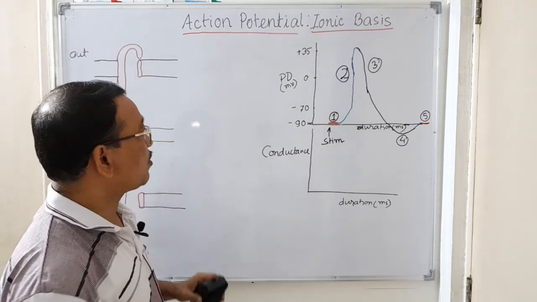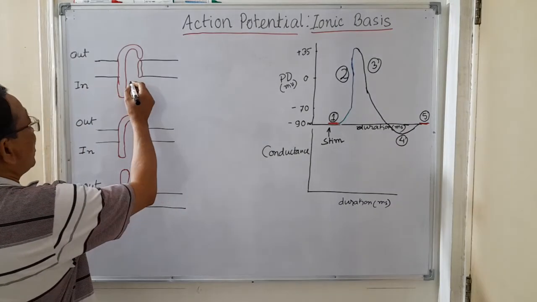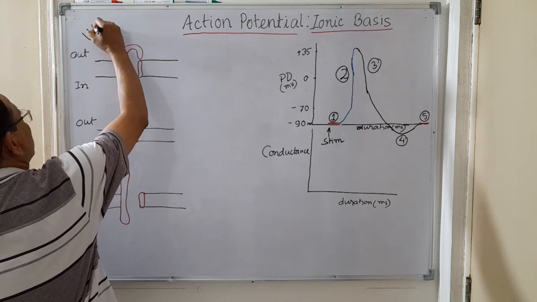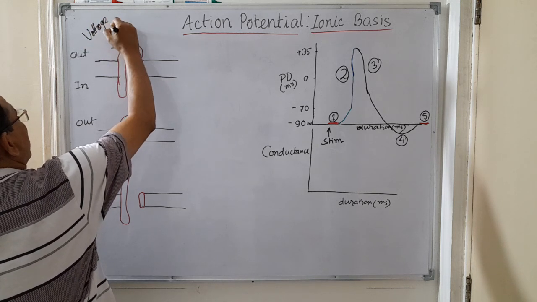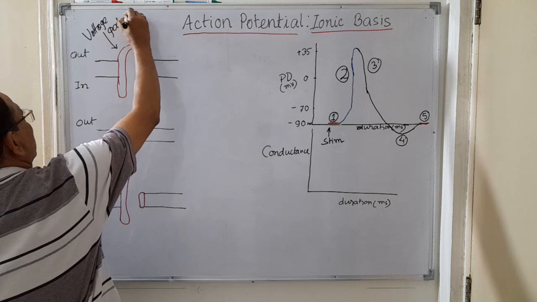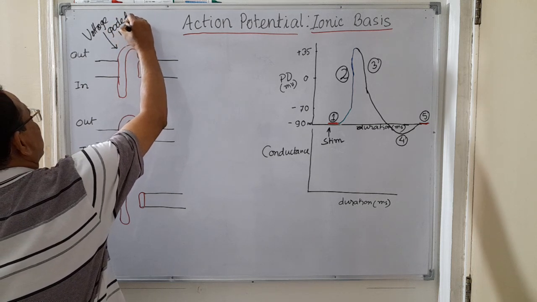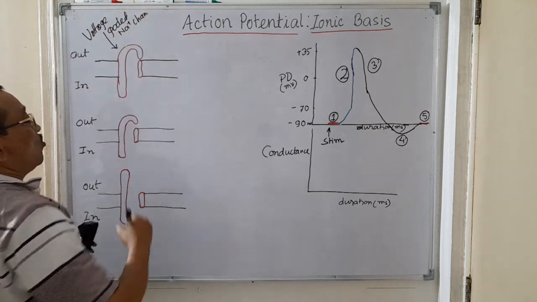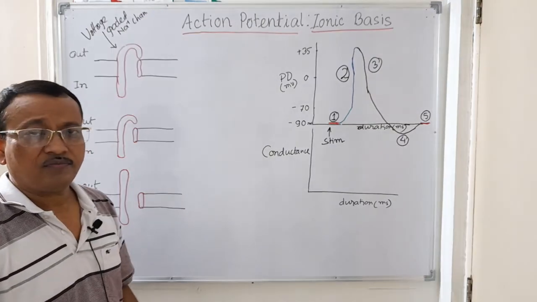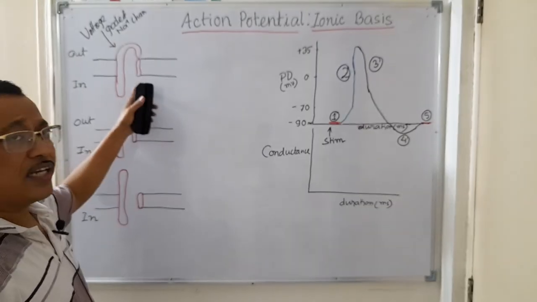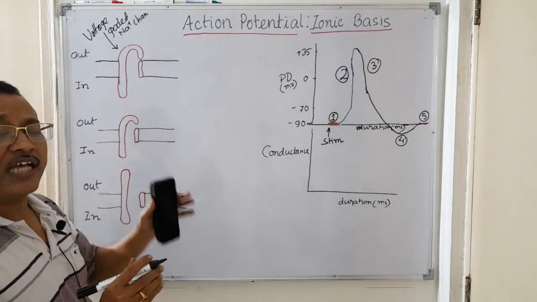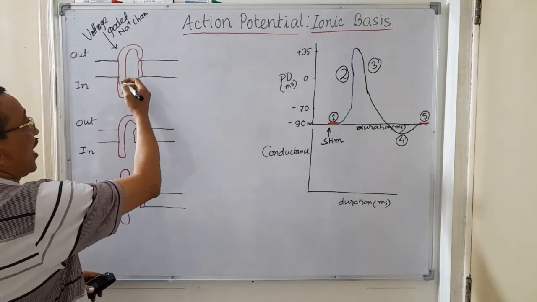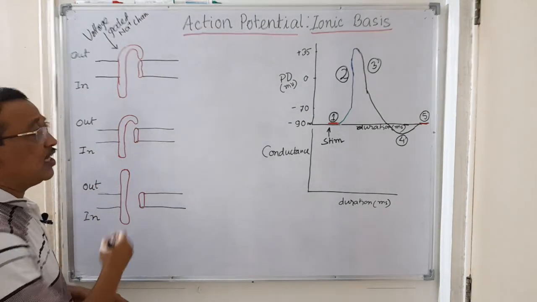One such type of channel is the voltage gated sodium channel, which is present on the membrane. These voltage gated sodium channels have two gates: one is the outside gate, another is the inside gate.